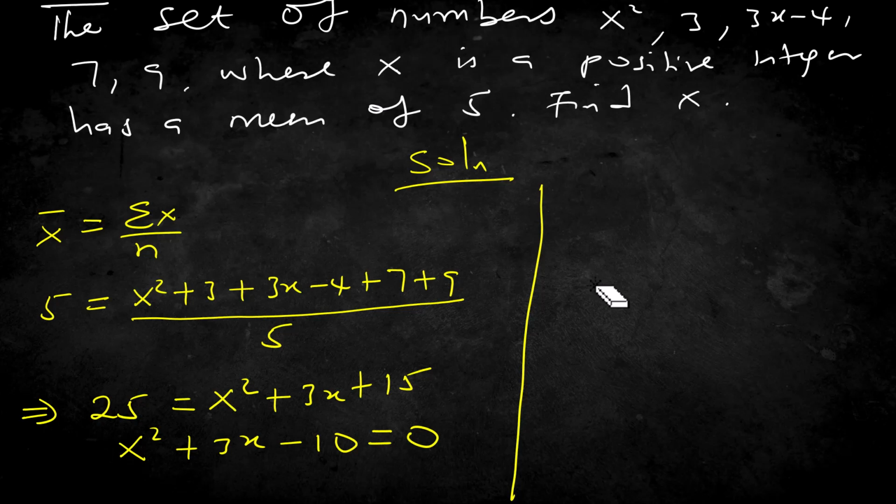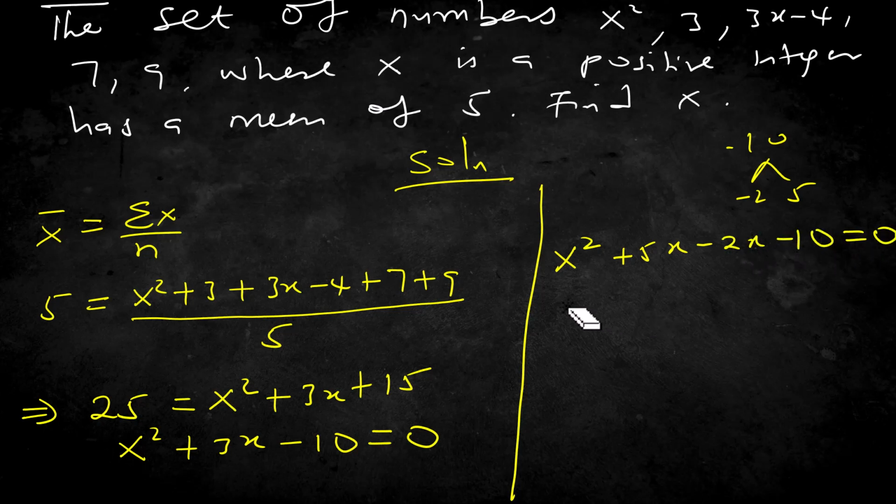Remember, x is a positive integer. It's a quadratic. So we need factors of minus 10 that add to 3: minus 2 and 5. So we have x squared plus 5x minus 2x minus 10 equals 0. Factor out x: x plus 5, minus 2 out: x plus 5.